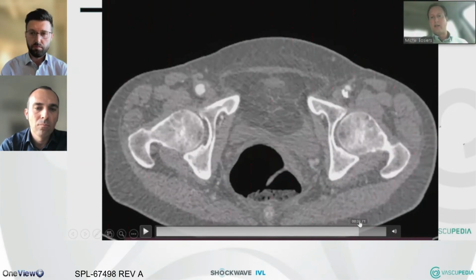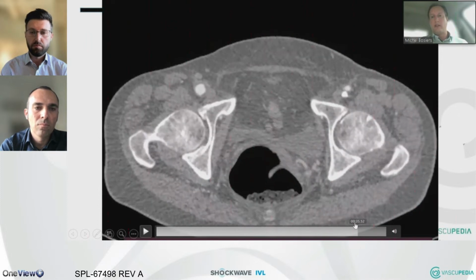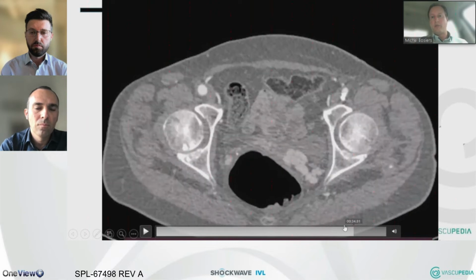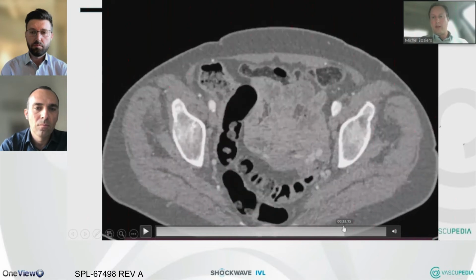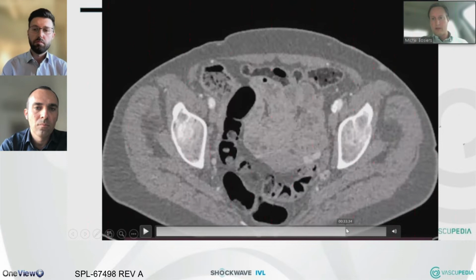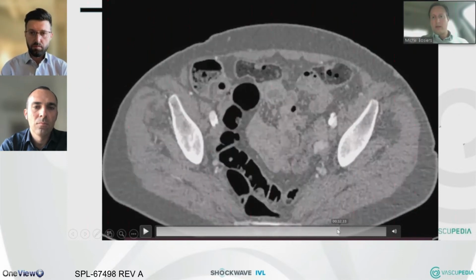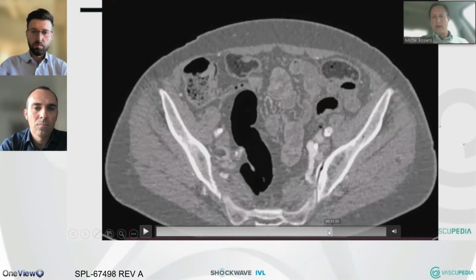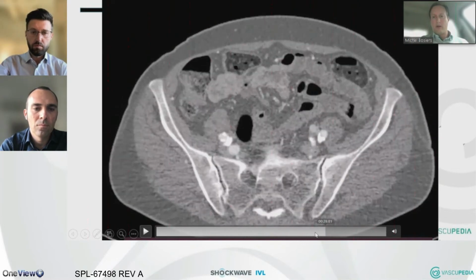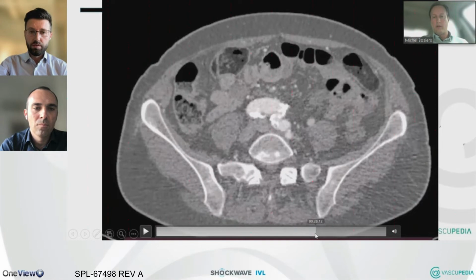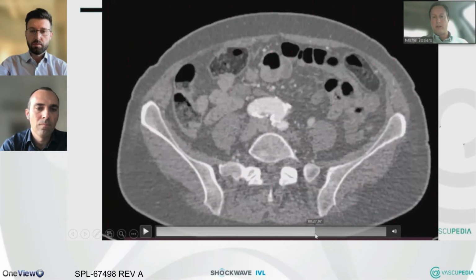On the left side, you can appreciate the common femoral artery not being great as an entry for large bore devices. And we go back on the left side, extremely calcified external iliac, all the way the entire length, and also the proximal part of the common iliac artery, as you can see here.